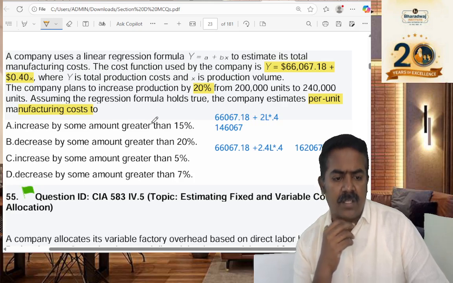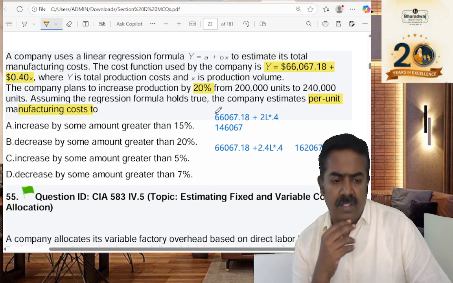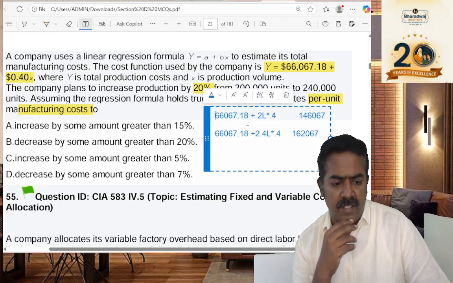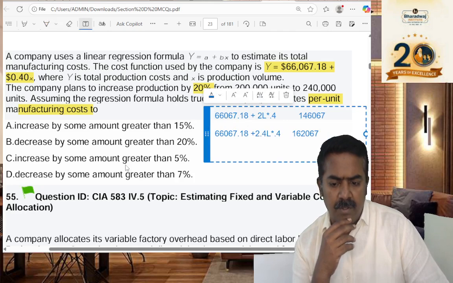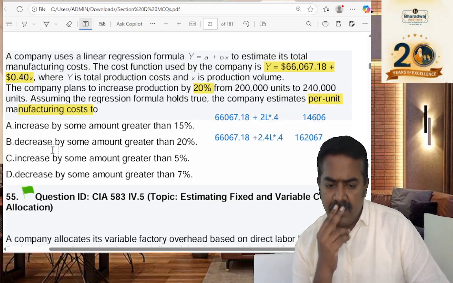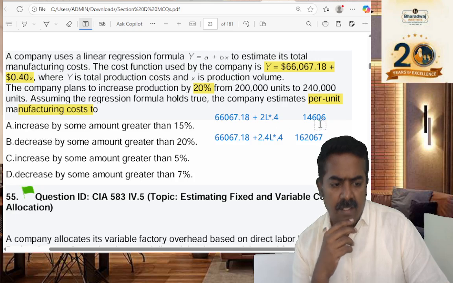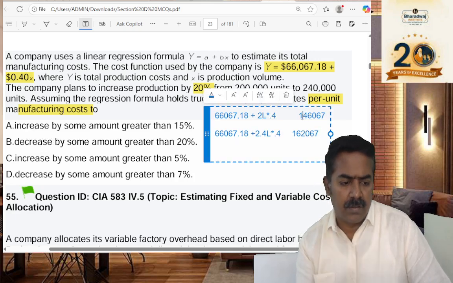When the output increases, per unit cost will decrease. Per unit cost will decrease. How much decrease?